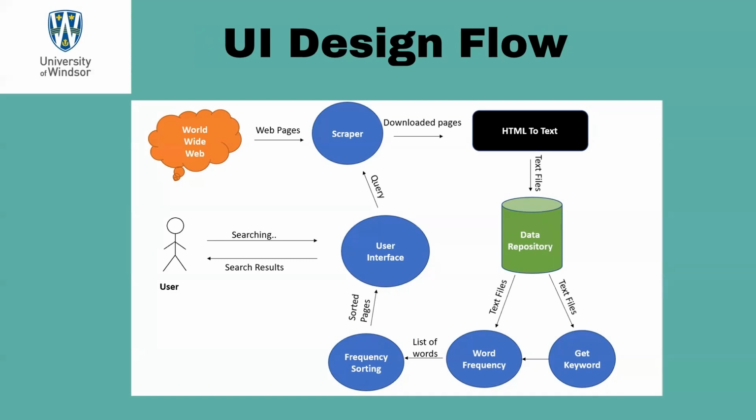These text files are then moved into two subcategories, the number of words that appear in the data files and the keywords. These lists of words are then sorted based on the user's preference. Then it goes back, and the results appear in the user interface, which the user can click on for any result they want or require.